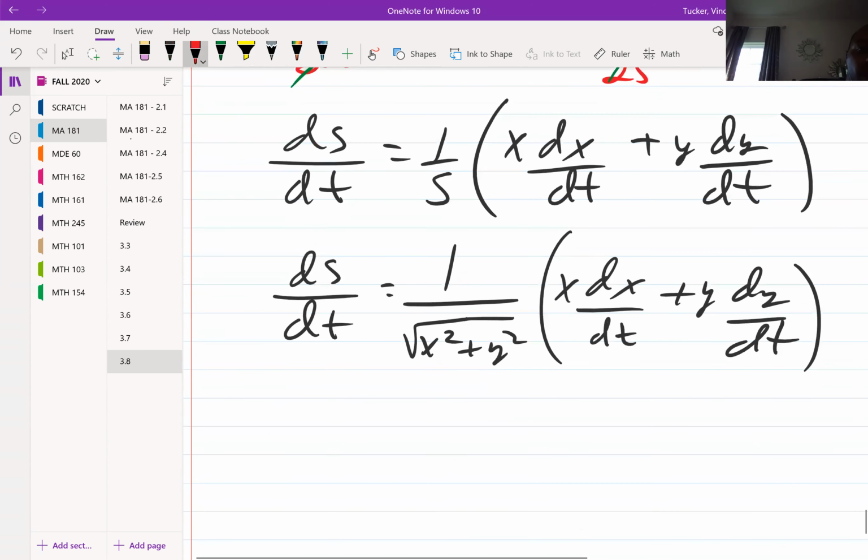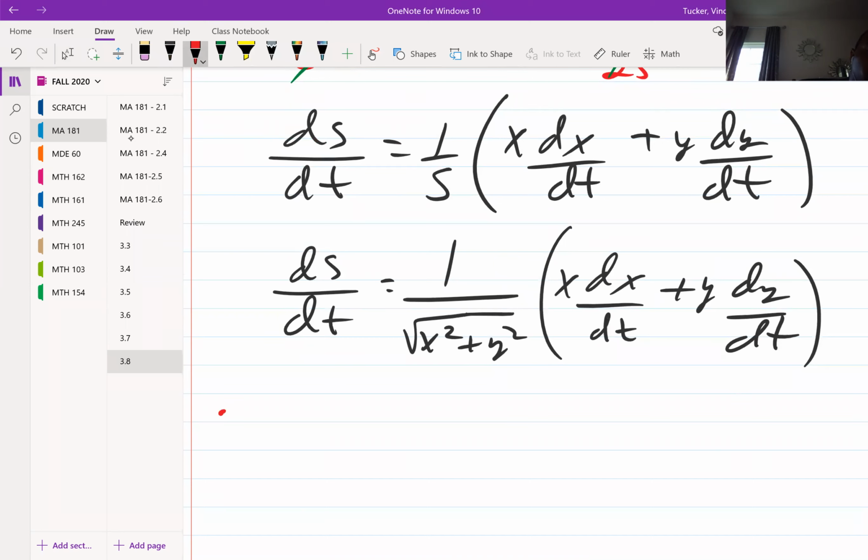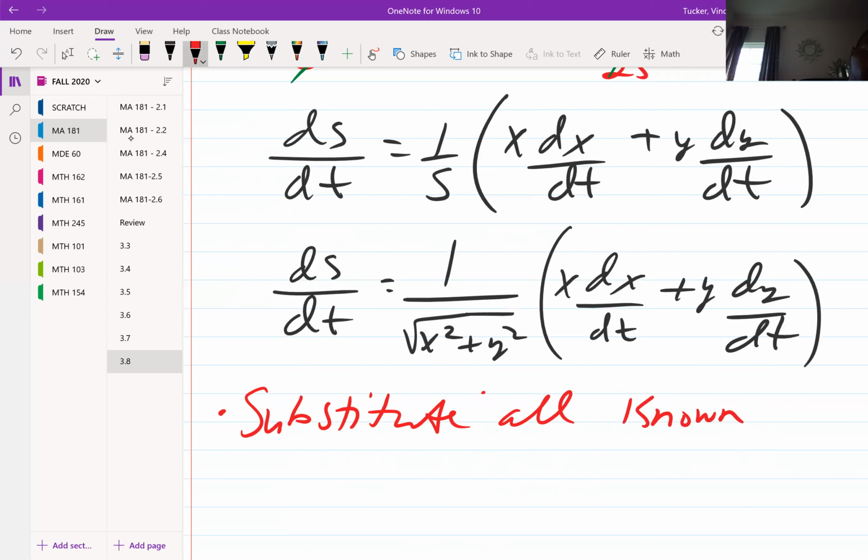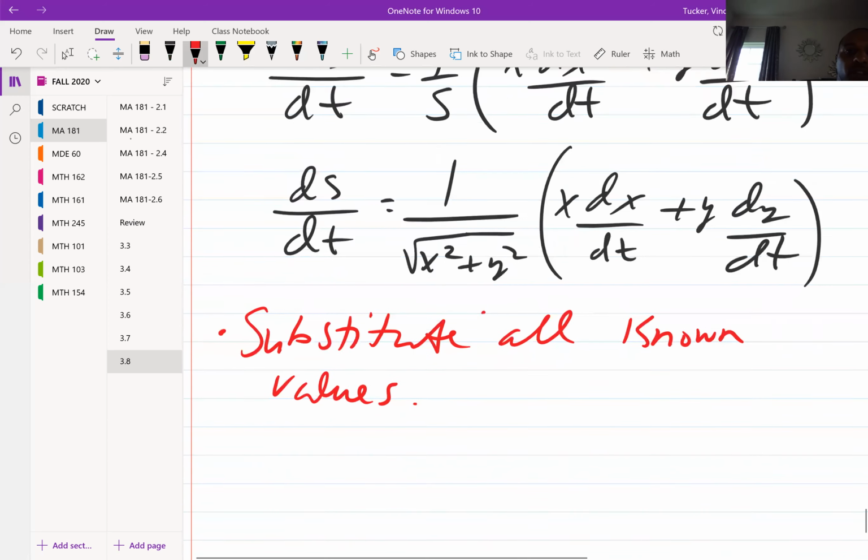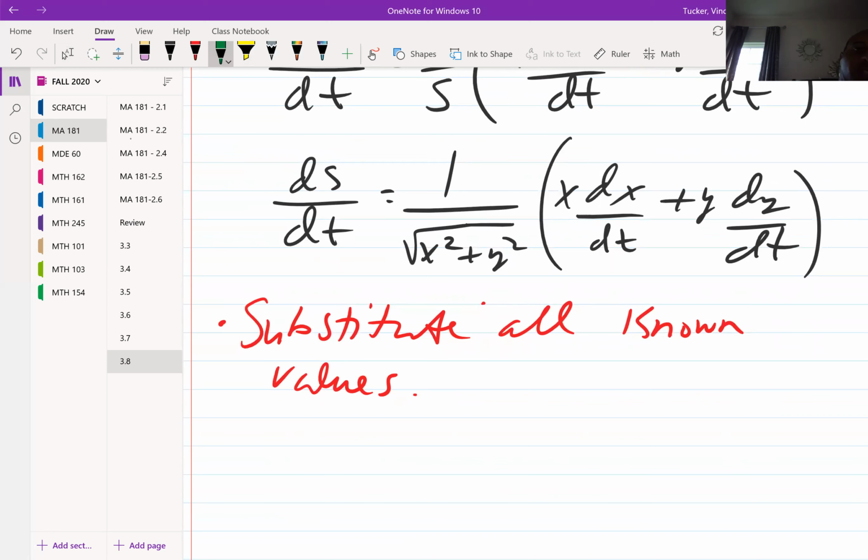All right, so with that, now we can substitute all known values. So ds/dt, that was 20 miles per hour.